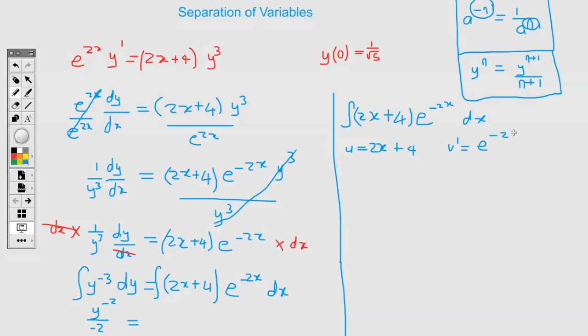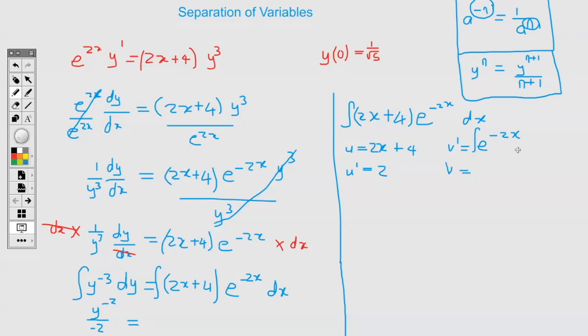Differentiating 2x plus 4, I will arrive at 2, because the differential of 2x is 2 and the differential of 4 is 0.